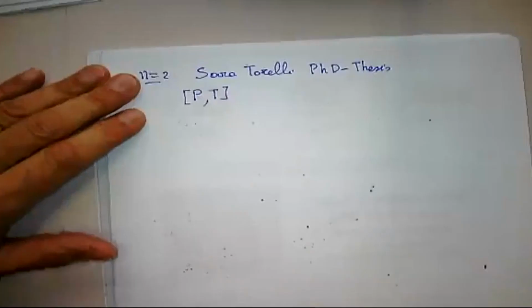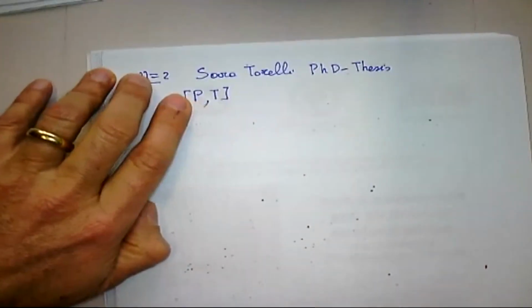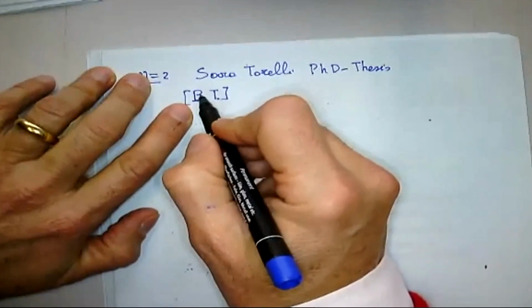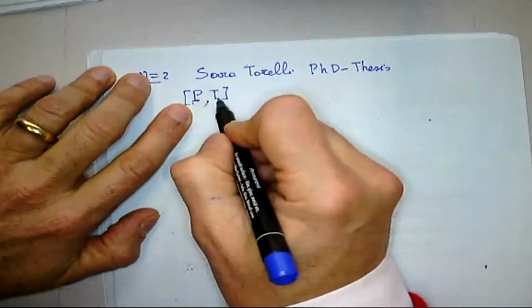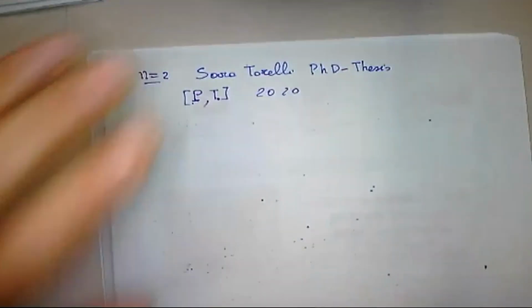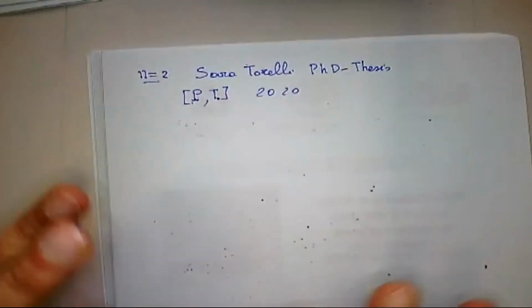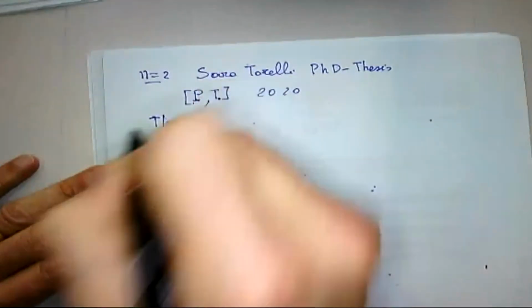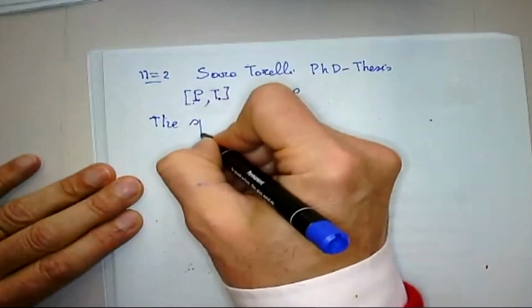I prefer young people, and I usually put young before, but here the alphabetic order is PT, quindi Pirola, Torelli, and in 2020, where they did exactly the splitting theorem. So they have the most important theorem of the thesis in the end is this splitting theorem.